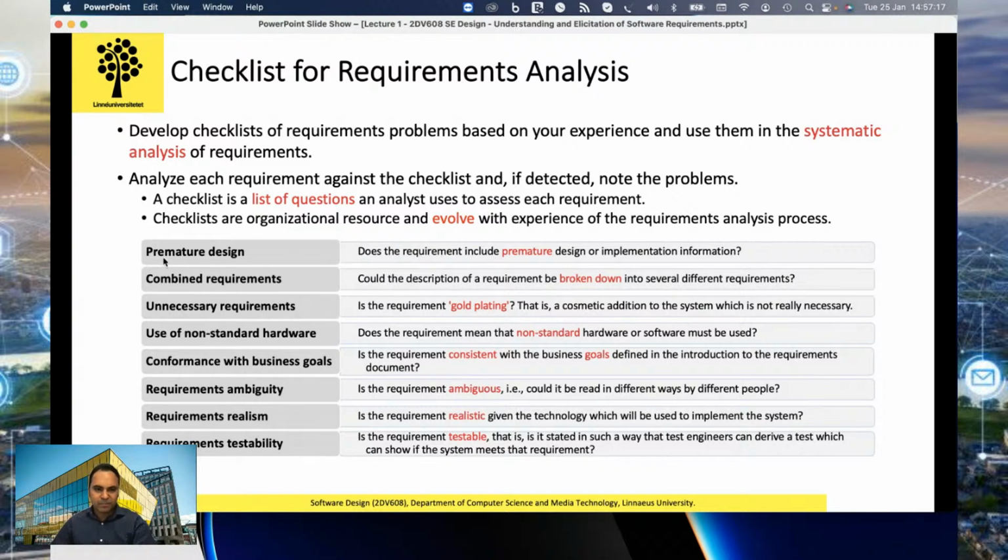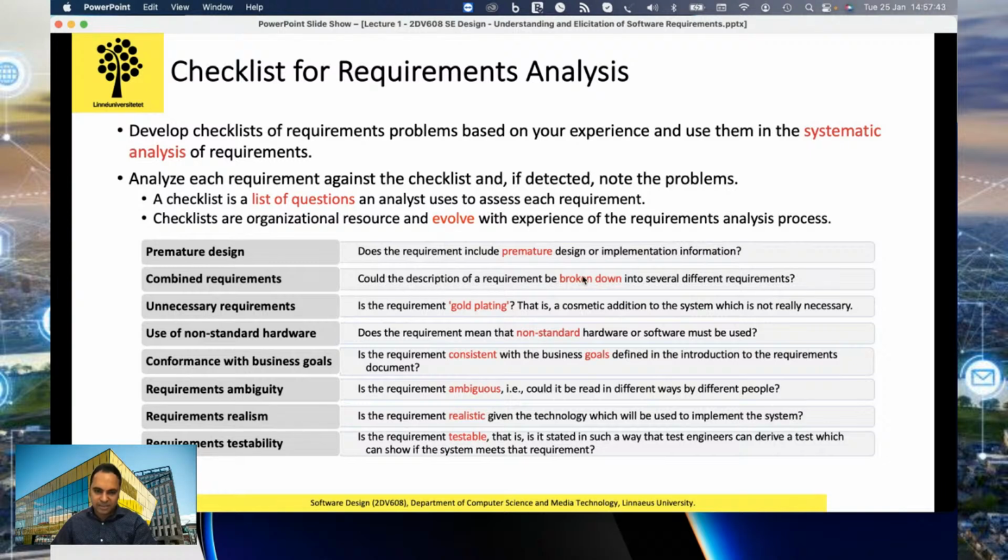For example, the premature design. Does your requirement include concepts on premature design or implementation? If yes, you put a tick mark, you say yes. And then combined requirements. Does this requirement combine several, like can it be broken down into several requirements?